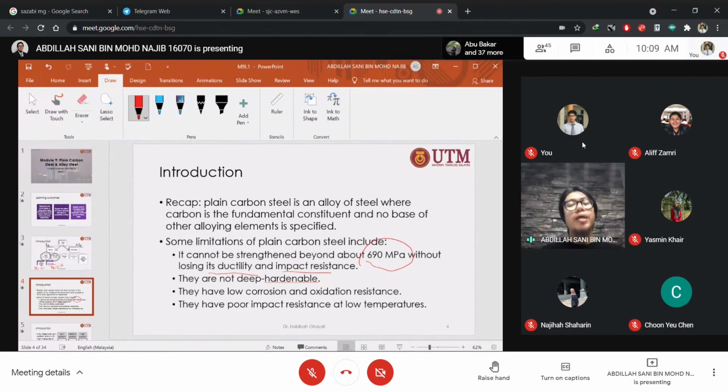And of course, we know that iron is very susceptible to corrosion. Without any alloying element, there is no protective mechanism.